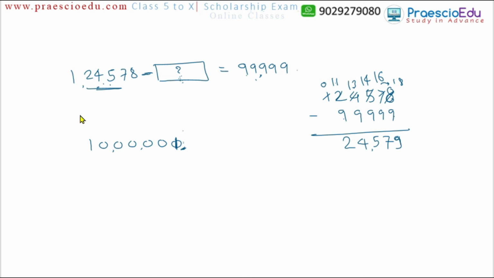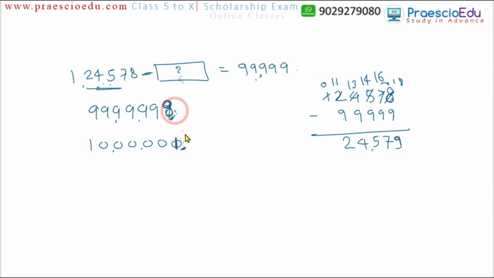And the greatest 7 digit even number. So what is the greatest? 9999999, but this is an odd number, so we have to make it smaller because after this one the 8 digit comes. So here the last 9 should become 8 after deducting 1, means this is an even number. So from this one and this one, we have to find out the difference. How to find the difference?